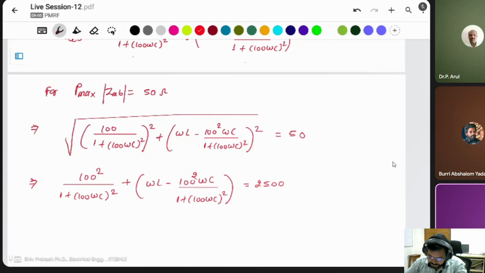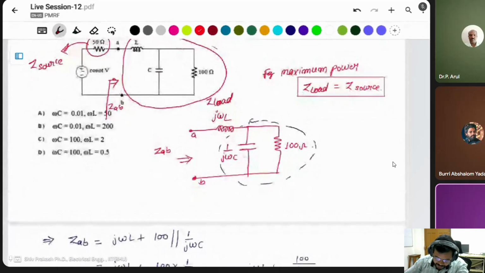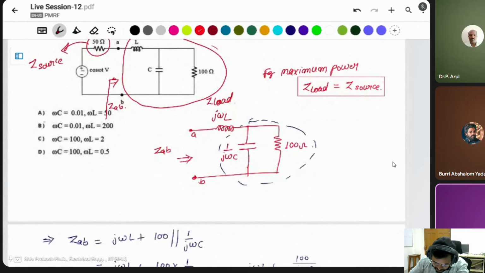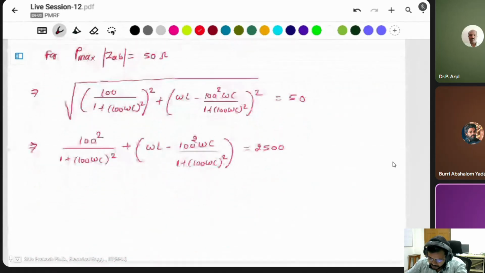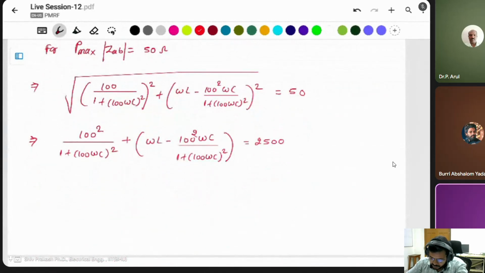In the question the combinations are given with direct values, omega c is 0.1, 0.01, 100. Which one can you choose? Omega c and omega L are given. Check option A. In this condition, omega c is given as 0.01.